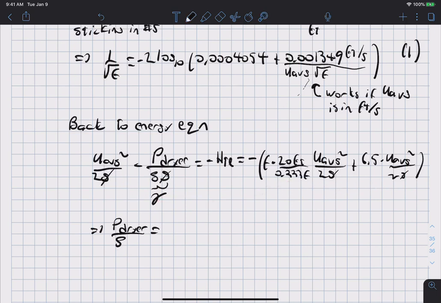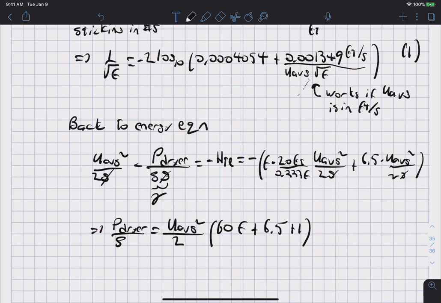So we have P dryer over rho equals the average velocity squared over 2 times this parameter here, which is 60, so 60 times F, that takes care of the major losses, plus 6.5, plus the kinetic energy from here, so plus another 1.